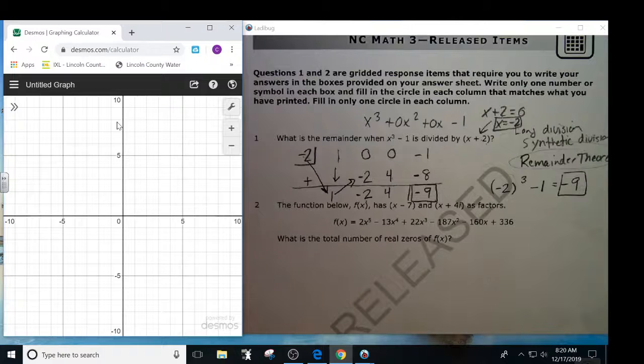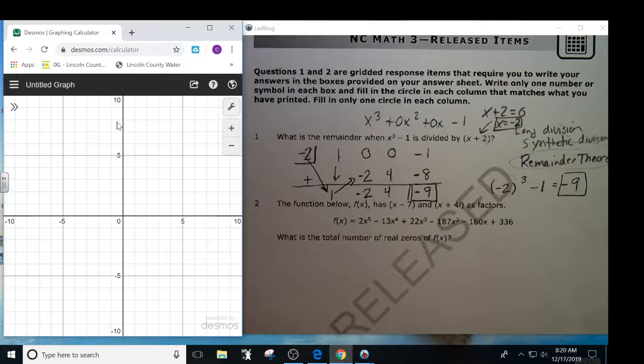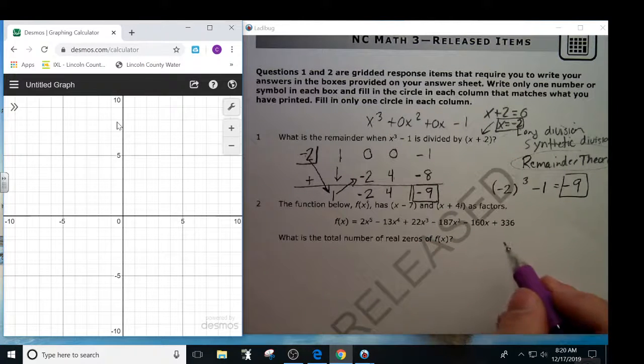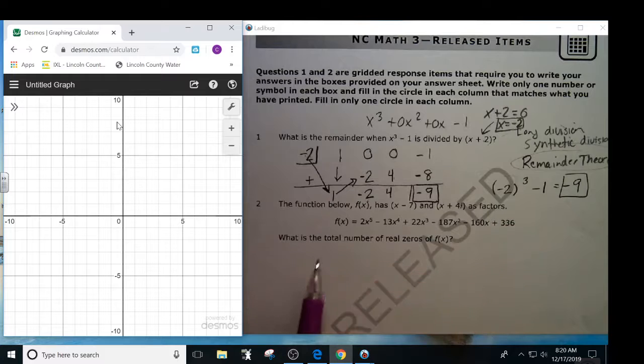Now, guys, I told second period yesterday, we did this, and guys, this test is a lot of the same thing repeated over and over and over. Notice what on the next one, it gives you a function, okay, and it says what is the total number of real zeros of f of x.